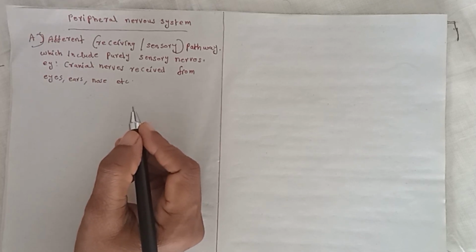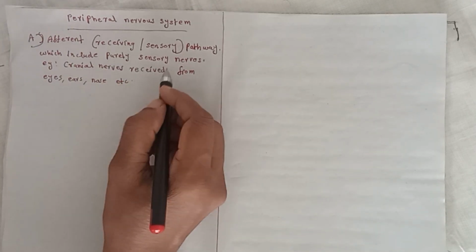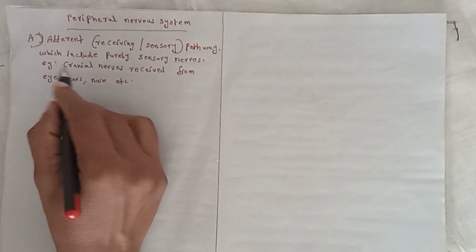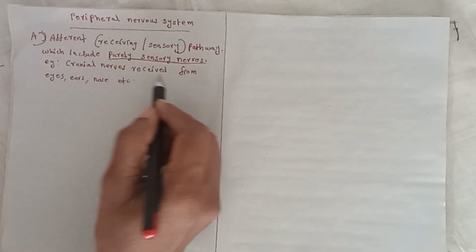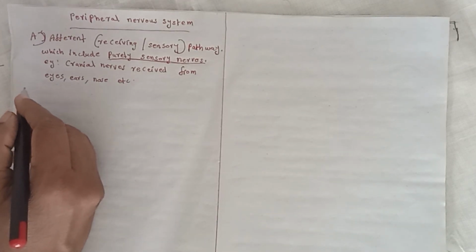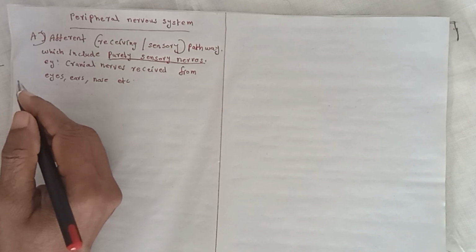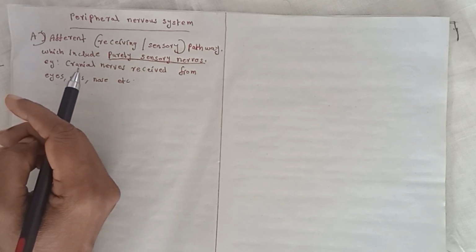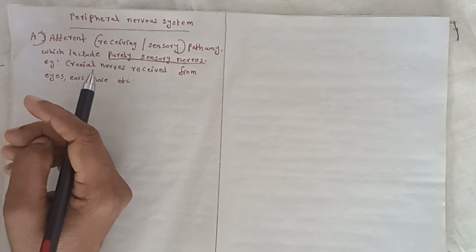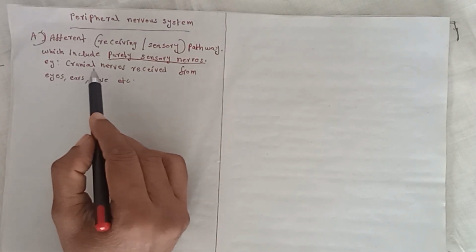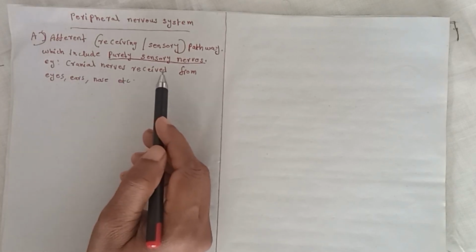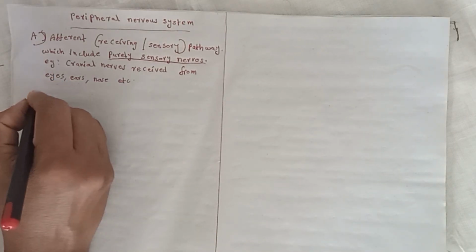And mixed cranial nerves. The afferent pathway has two main parts: purely sensory nerves, for example cranial nerves received from the eyes, ears and nose, and mixed cranial nerves.